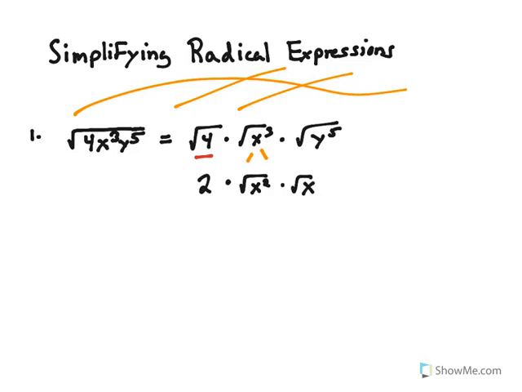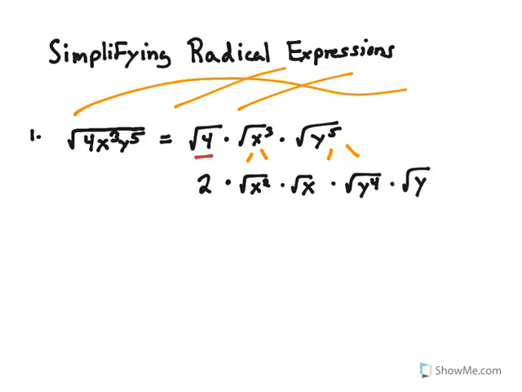So anytime you have an odd power, we want to reduce it by 1, and that'll bring us to the nearest perfect square. And y to the 5th is the same thing. That is equivalent to y to the 4th. We brought it down 1 power, and then the extra 1 just goes in its own radical.